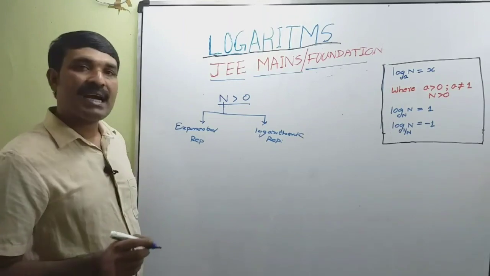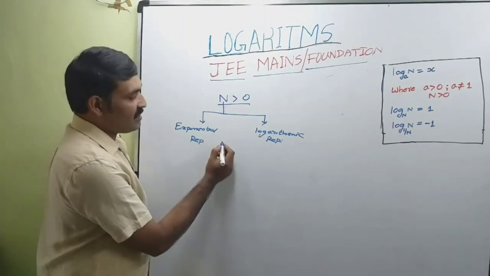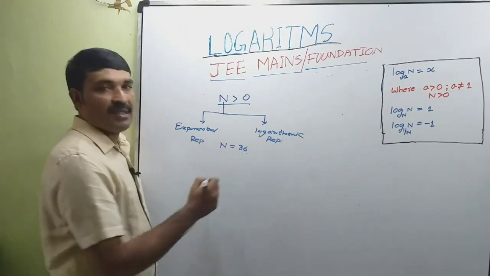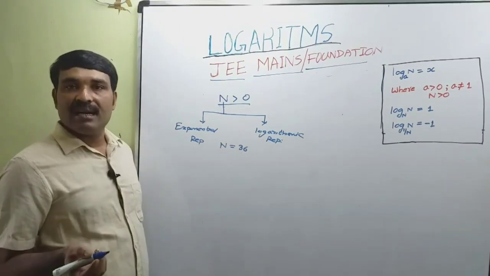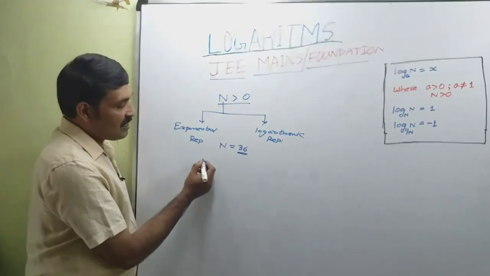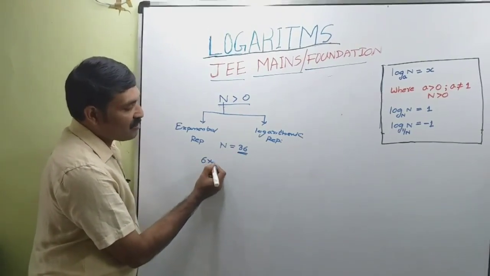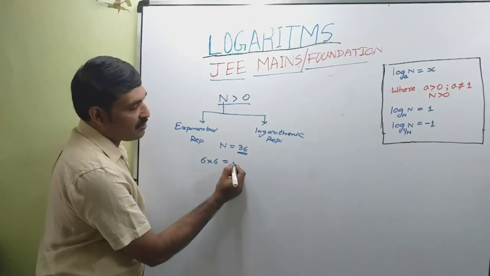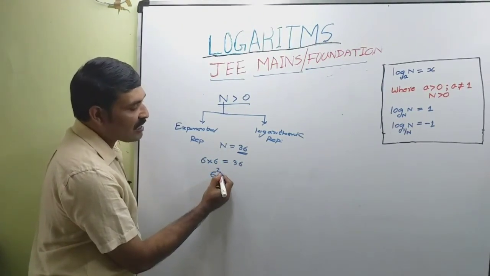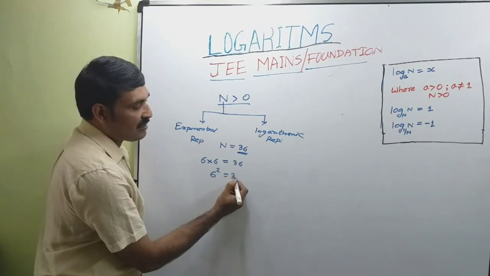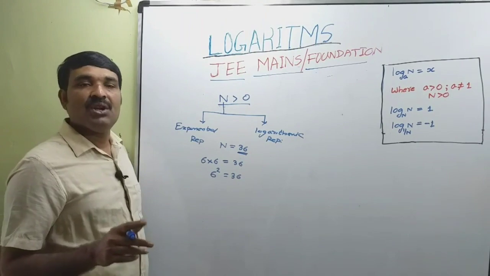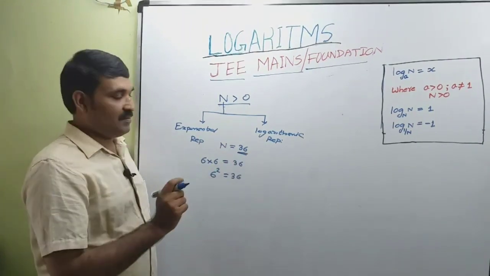For example, let n be equal to 36, a positive real number. I can represent this 36 as 6 into 6, that is equal to 36, or 6 square is equal to 36. This is the exponential representation of the number 36.